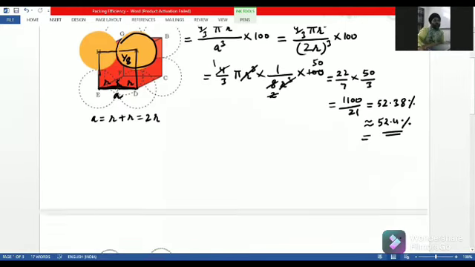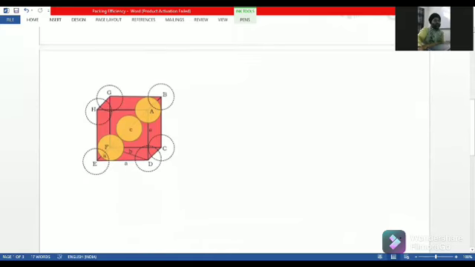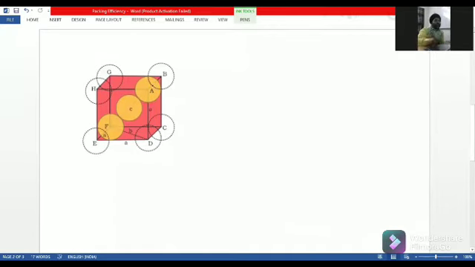Now, packing efficiency of body-centered unit cell. What is the meaning of body-centered? When we talk about body-centered, an atom is present at the center of the unit cell. Firstly, we'll calculate the number of atoms present in the body-centered unit cell.